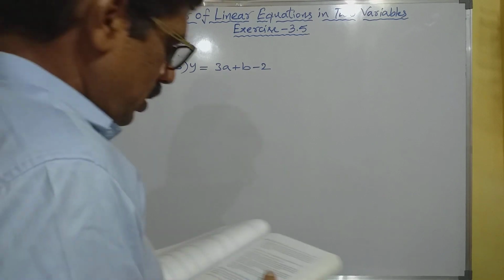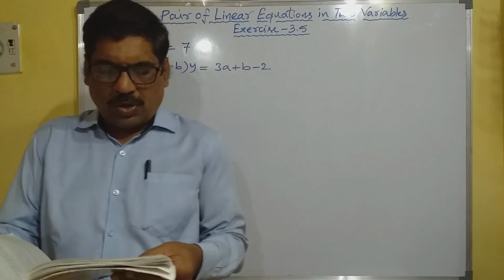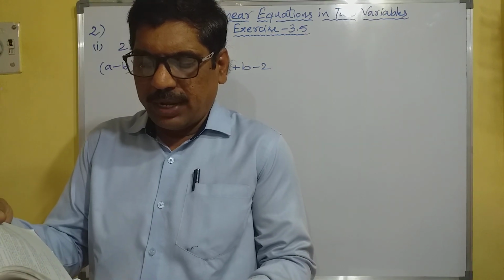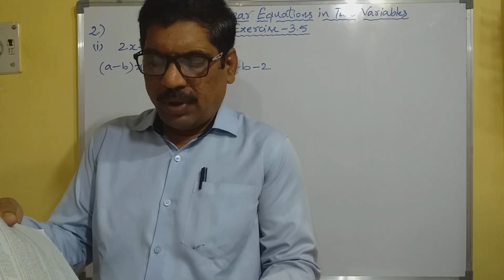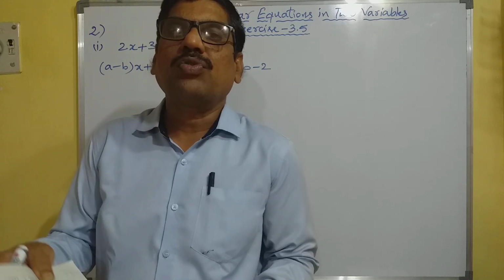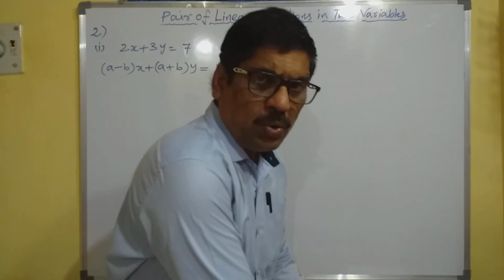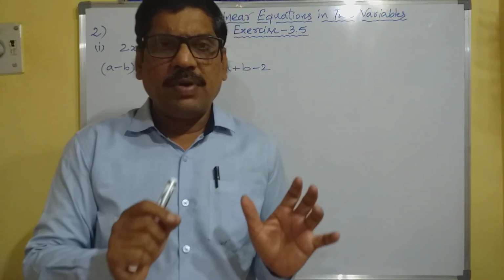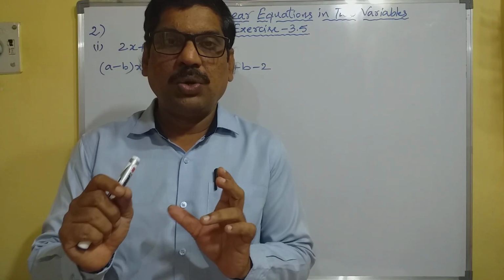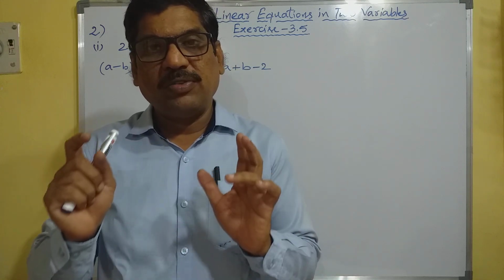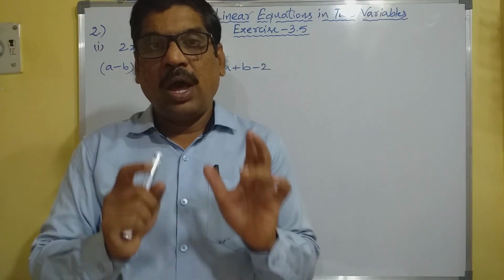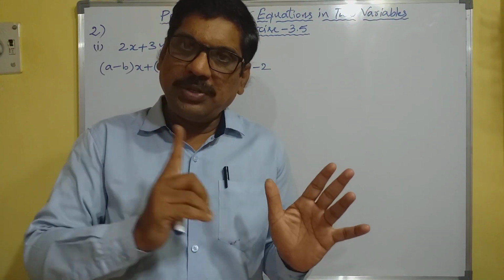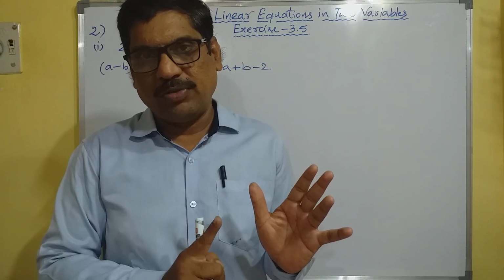Now the second Roman first problem. For which values of a and b does the following pair of linear equations have an infinite number of solutions? So we know that a pair of linear equations a1x plus b1y plus c1 is equal to 0 and a2x plus b2y plus c2 is equal to 0 has an infinite number of solutions if a1 by a2 is equal to b1 by b2 is equal to c1 by c2.